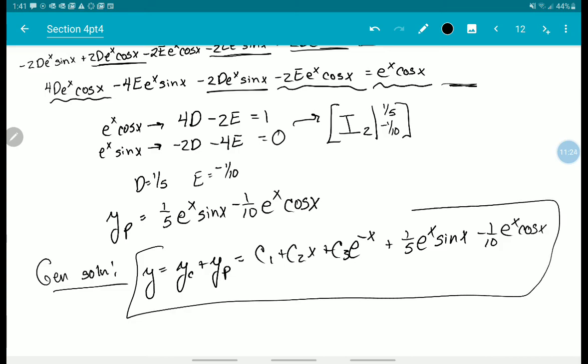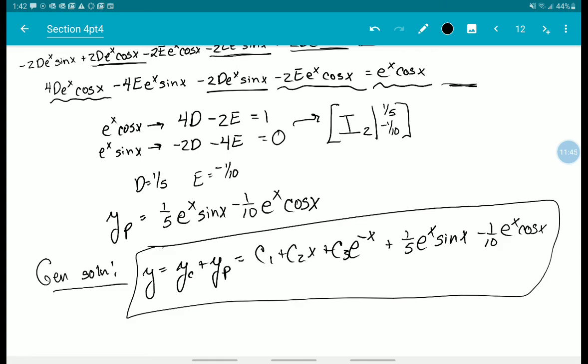Now, if we had initial conditions or boundary conditions, we would be able to solve for C1, C2, C3. Remember, this is a third order differential equation, which means you would need 3 conditions, whether they are initial or boundary, in order to solve for those 3 coefficients.